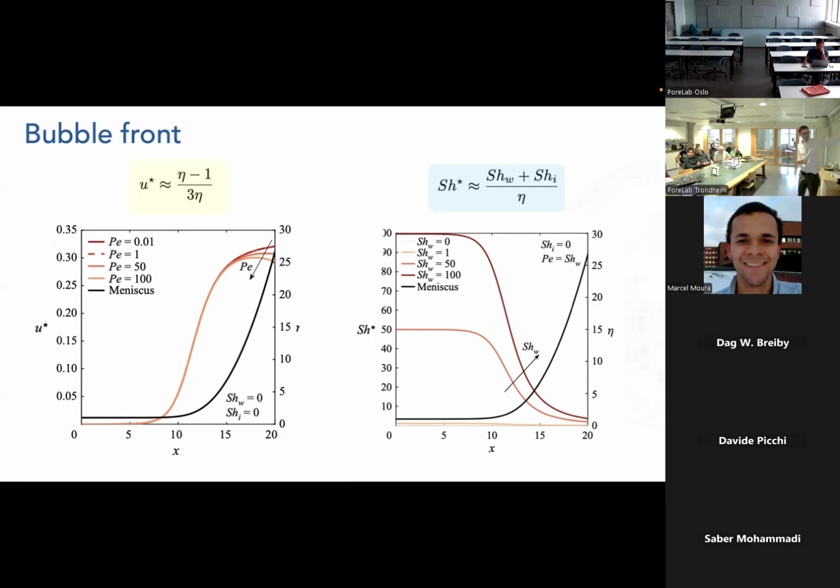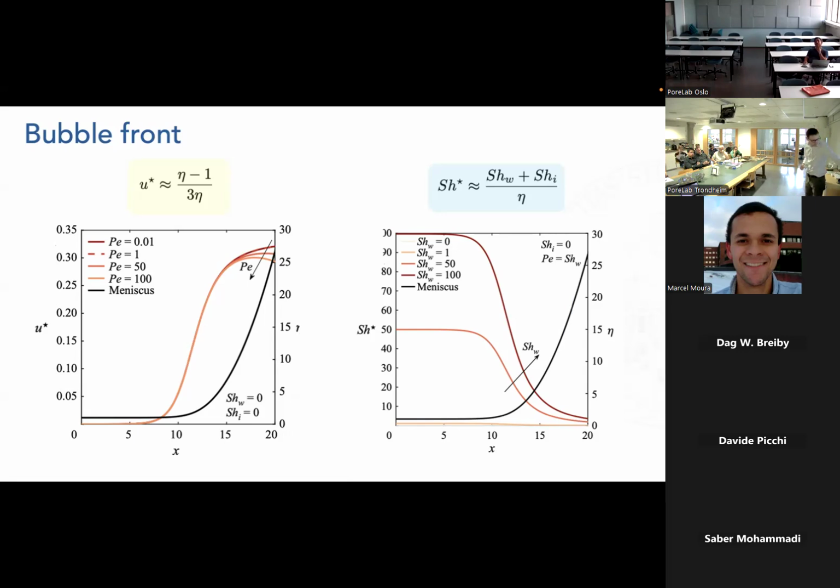While the effective mass transfer, I think this is the most interesting part to me, you see that it scales as 1 over eta. Eta is a dimensionless bubble film thickness. What does it mean? When the film thickness is small, this coefficient is much more important.